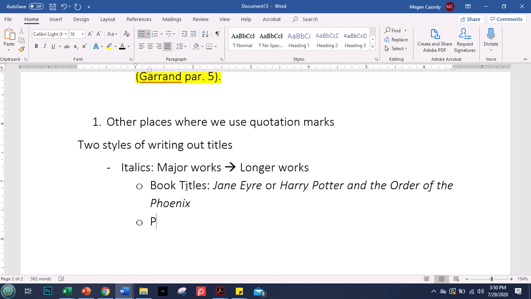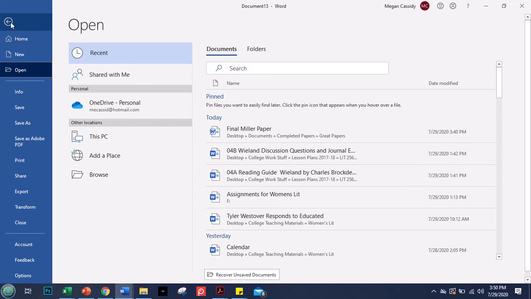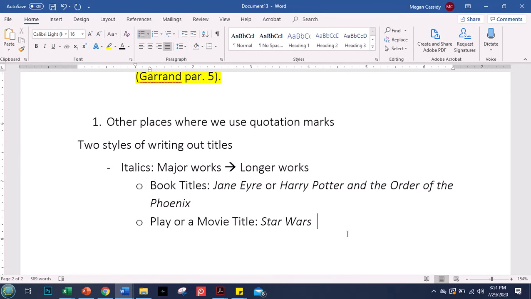Another major work would be a play or a movie title. Harry Potter. No, I'm just joking. Let me think of another. Star Wars. Or a play. My Fair Lady. Play. Okay.